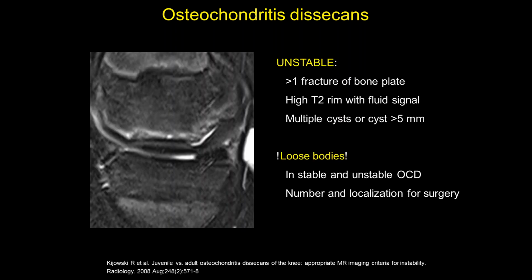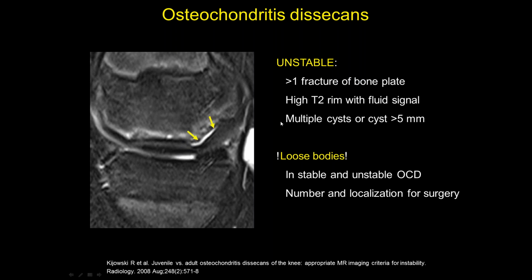We have a few criteria which apply especially for the pediatric knee. If we see a large OCD, like we can see here, in the middle and posterior thirds of the femoral condyle, and there is probably at least one fracture of the subchondral bone plate, which is better seen on T1 or PD images.